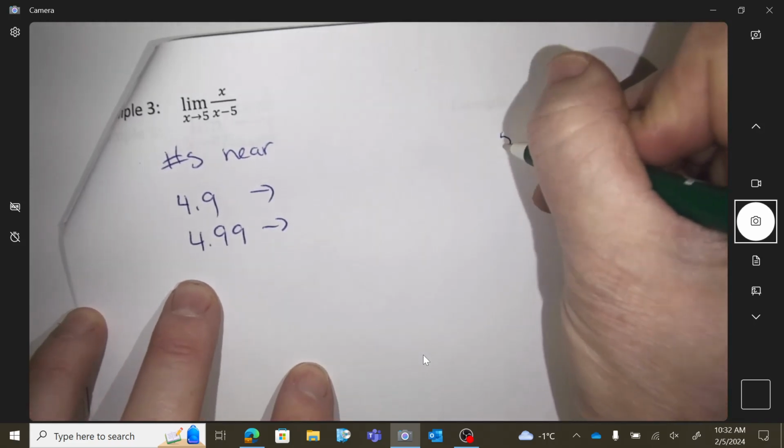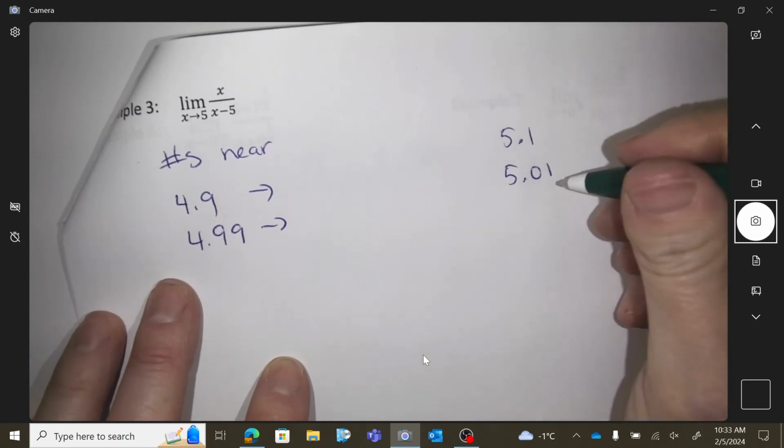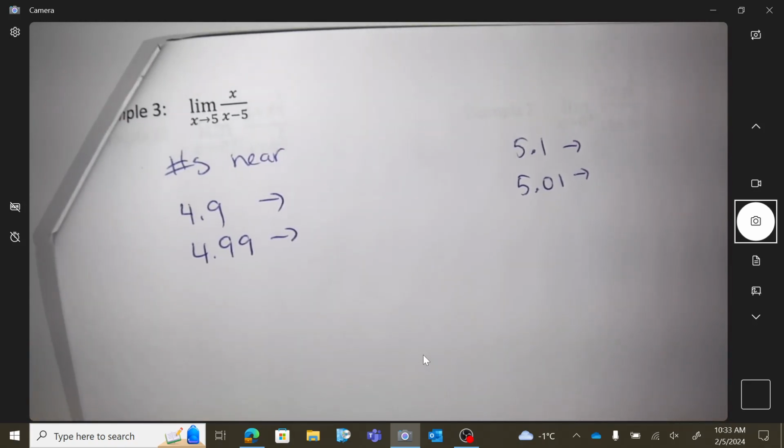And I'm going to go a couple numbers close to 5 above it. Okay, so then find me some y values for those.